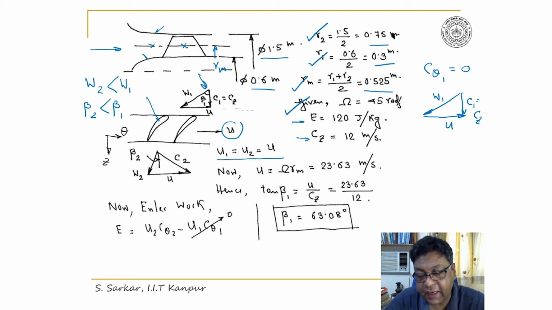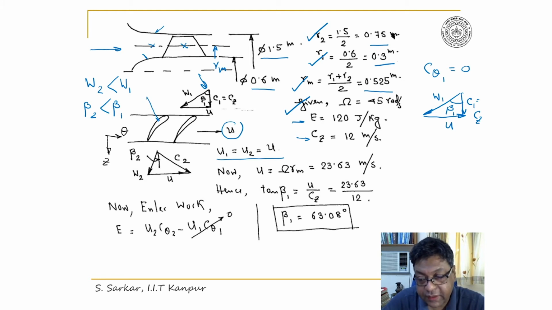Now this angle, that is the angle between W1 and the Z axis, is equal to beta 1. Here C theta 1 is equal to 0. Now what is the exit velocity triangle? Now W2 will be less than W1 and beta 2 will be less than beta 1.